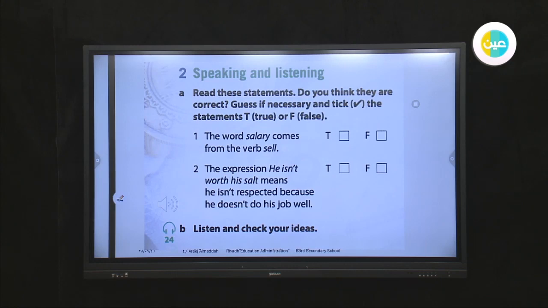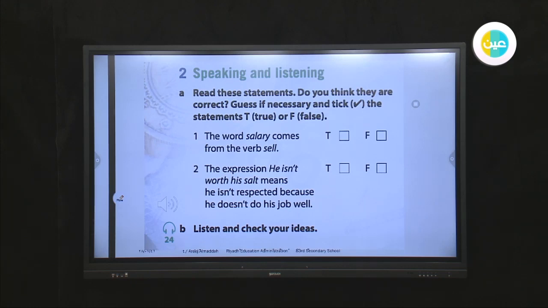Now, what about the phrase, he isn't worth his salt? Well, salt sounds a little like salary. Yes, that's right. Before the Romans had coins, they used to pay people with salt. Salt was very valuable in those days. It was called salarium in Latin. So that's where we get our word salary.